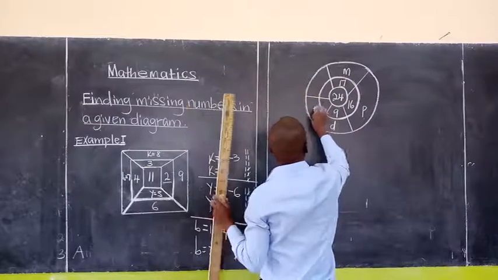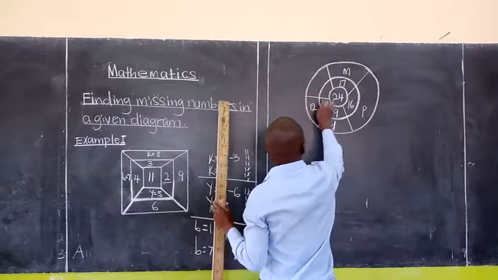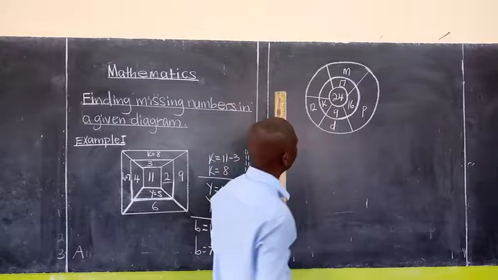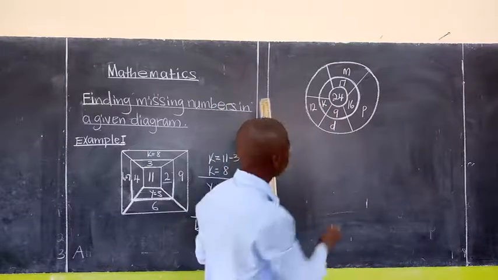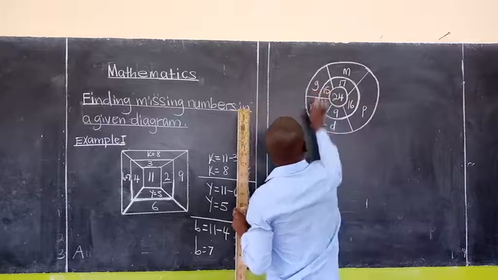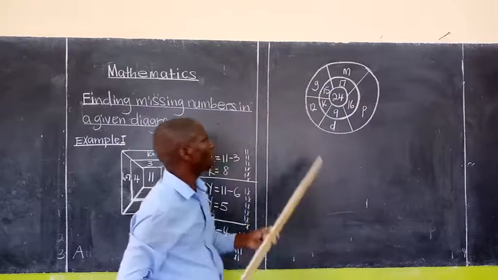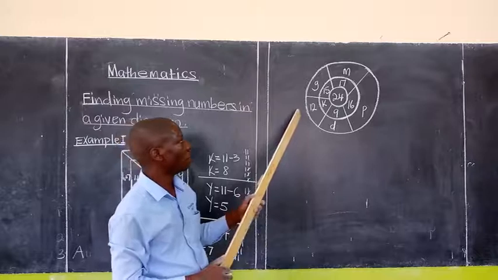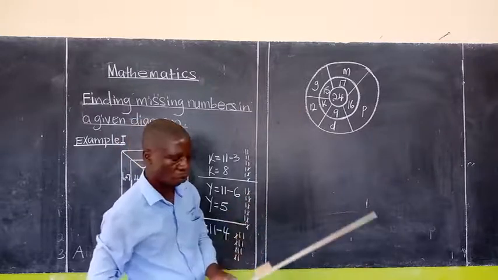We have 12 here, and here we have K. We have 15, and here we have B. So this time our diagram is in circular form. It is in form of a circle.